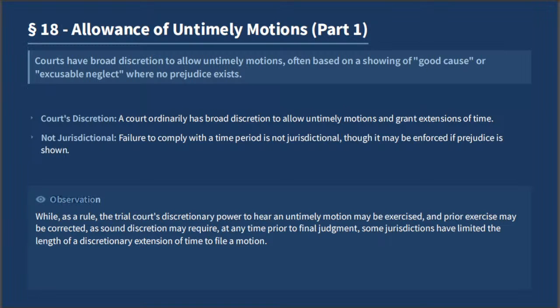While as a rule the trial court's discretionary power to hear an untimely motion may be exercised, and prior exercise may be corrected, as sound discretion may require, at any time prior to final judgment, some jurisdictions have limited the length of a discretionary extension of time to file a motion. So there seems to be a lot of difference between jurisdictions and whether there are statutes limiting the trial court's discretion.